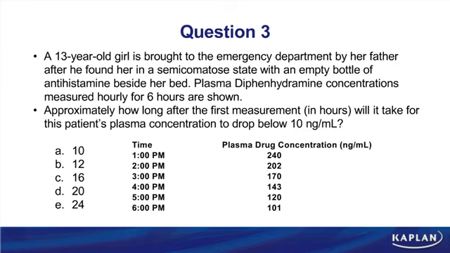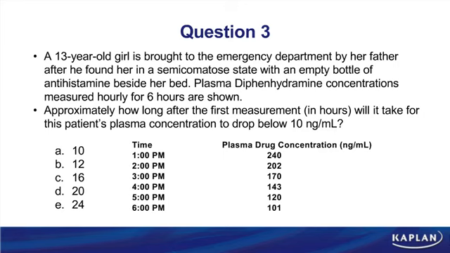So given that the half-life of the drug is 4 hours, how long is it going to take to drop below 10 nanograms per mil? Calculate the number of half-lives that are going to be required to go below 10. The first half-life takes you from 240 down to 120. The second half-life, 120 goes down to 60. In the third half-life, we go from 60 down to 30.